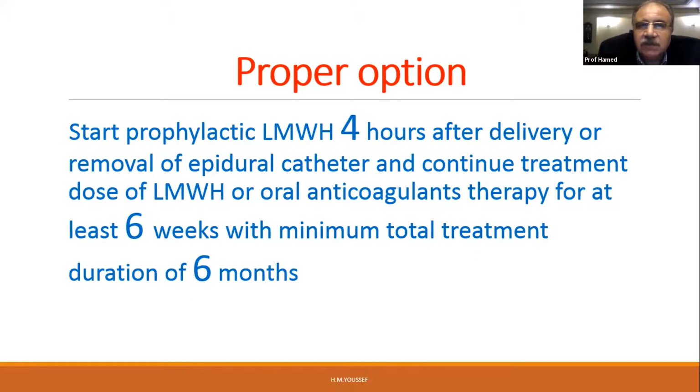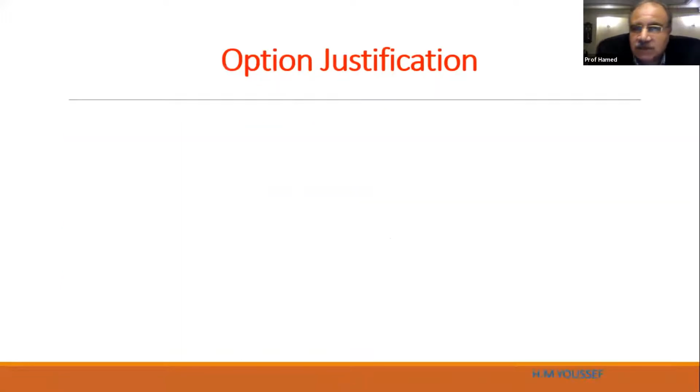It's very important to remember that you have to continue for at least 6 months in order to prevent the complications, which include early complications in the form of fatal pulmonary embolism and extension of the thrombus, and late complications in the form of post-thrombotic leg syndrome and superficial vein insufficiency.